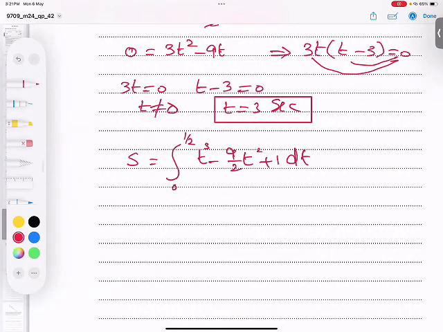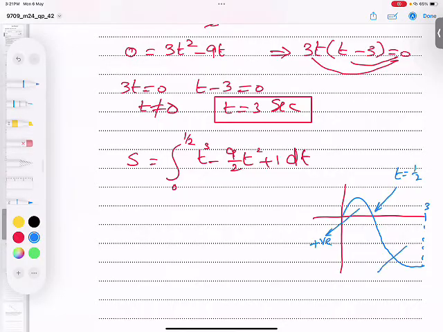But the important part is that it is not 0 to 3, because, as you know very well, I just showed you that up to a half the curve is above the axis. But going down, till 3, it is below. So this is a positive section, and what about this? It is a negative area below the x-axis.